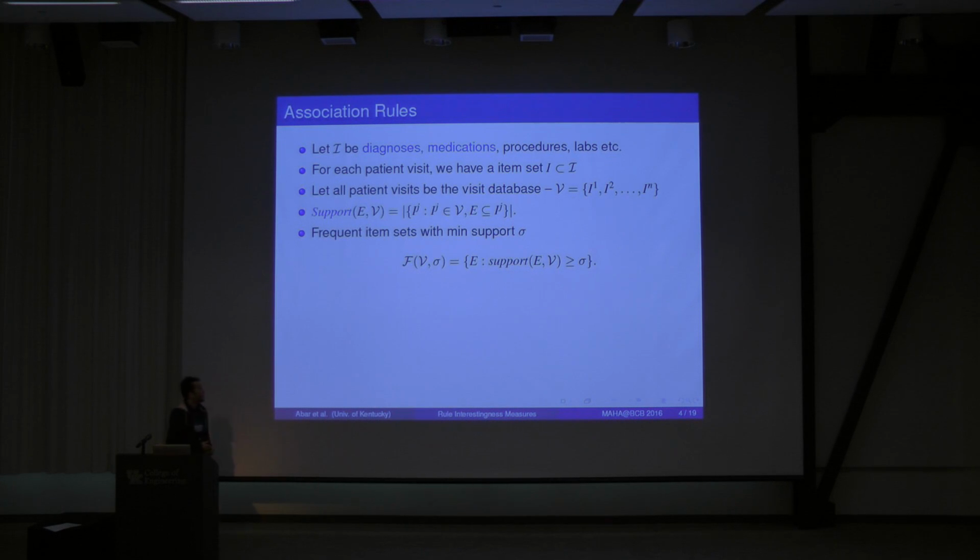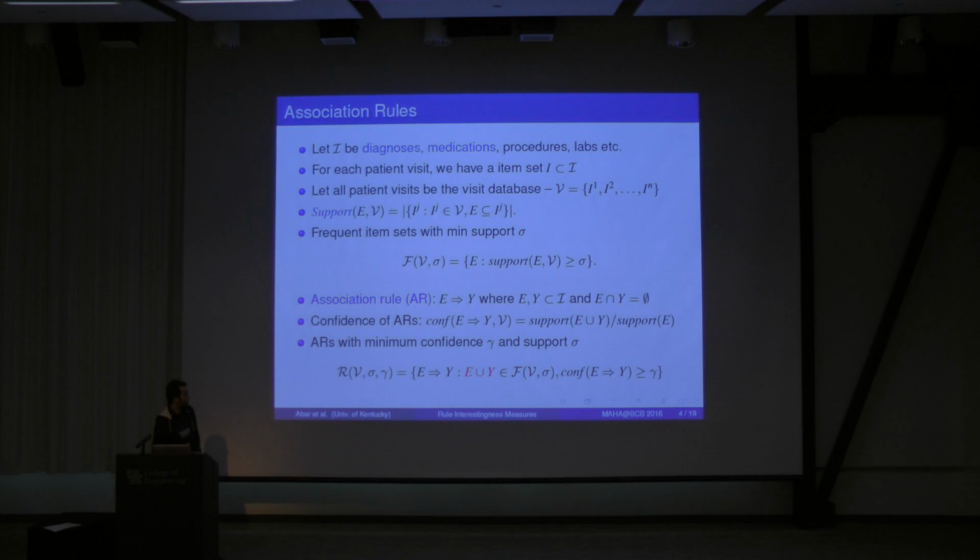We calculate the support of an item or item set, the number of occurrences in our data set. Then what are frequent items? We take a given threshold value sigma: if the support of an item set in our data set is greater than or equal to sigma, then we say this is a frequent item set.